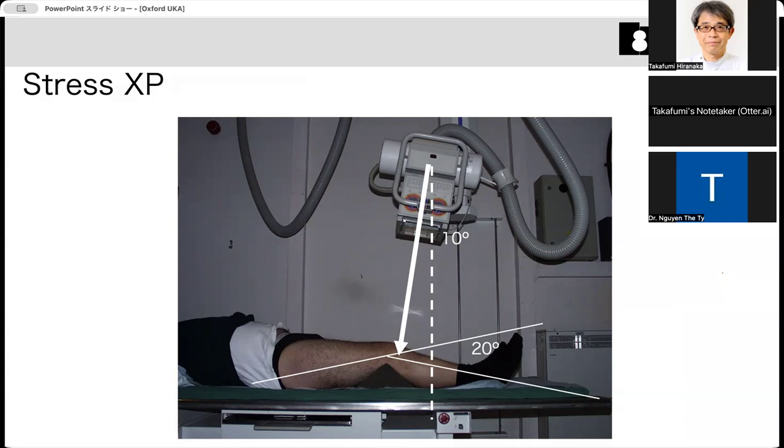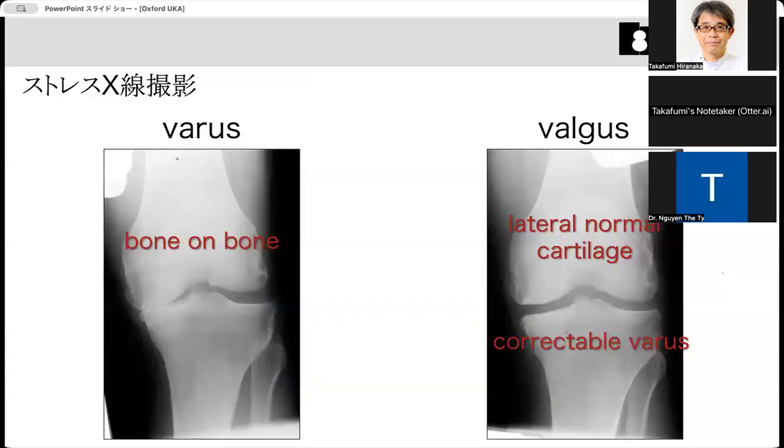Anyway, to apply the X-ray varus and valgus stress is very important. So in the varus stress, we can identify bone contact on the medial side and on the lateral side, intact cartilage, along with correctable varus. This varus should be corrected under valgus stress. Okay, so this mechanism I'll talk about maybe next week.